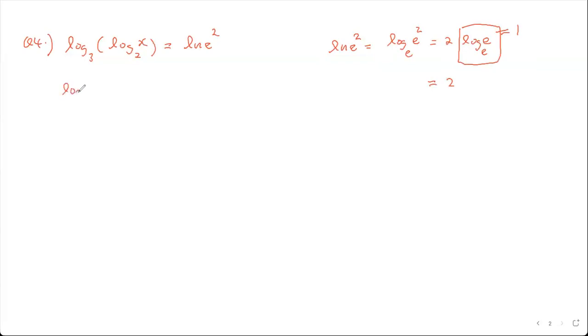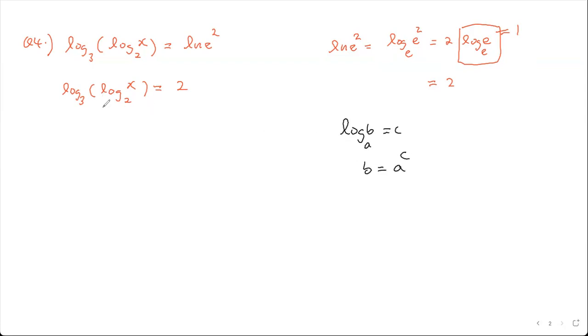Let me rewrite that first. So this is just equal to 2. I'm going to apply the rule again. Remember, log b base a is equal to c, so b is equal to a to the power of c.